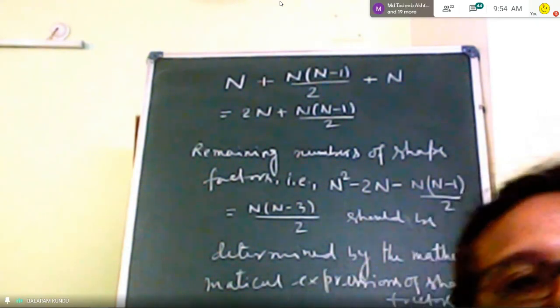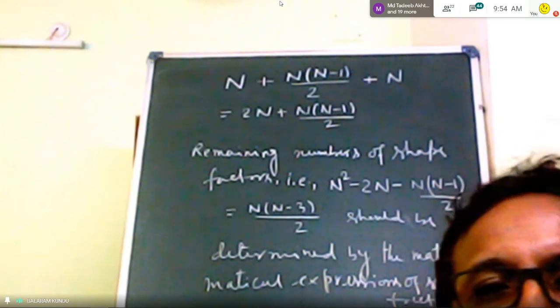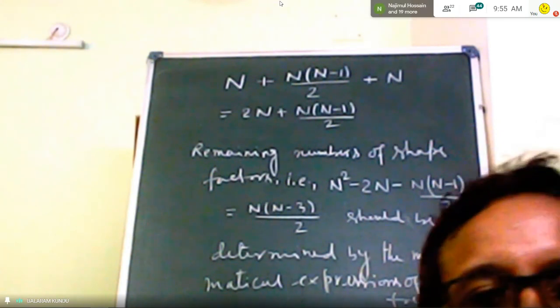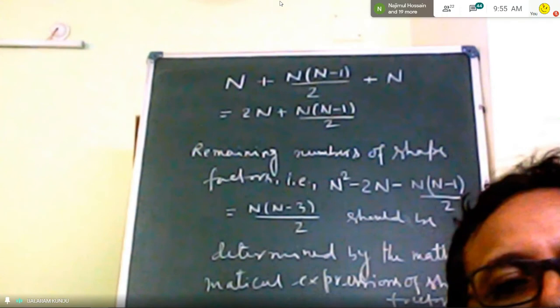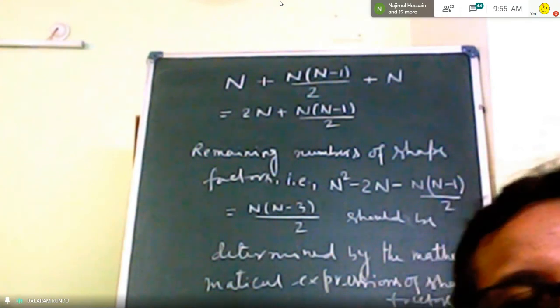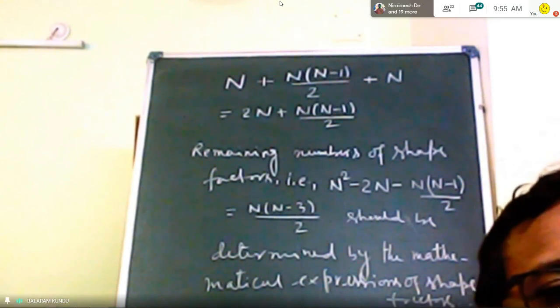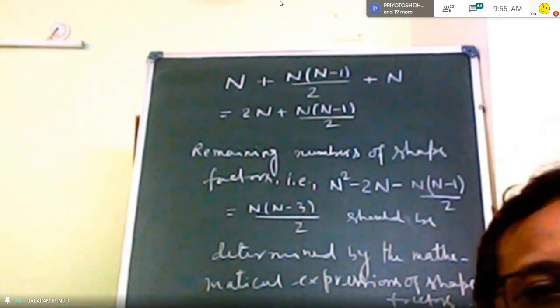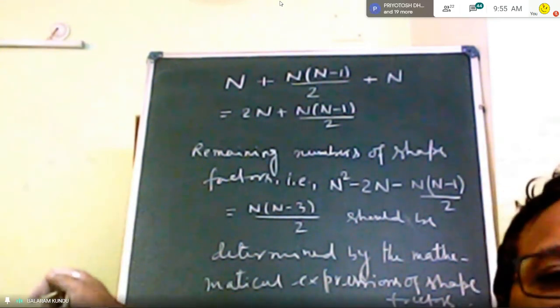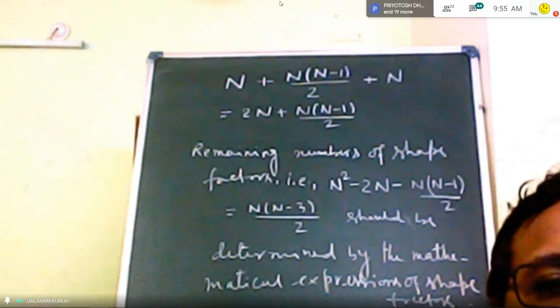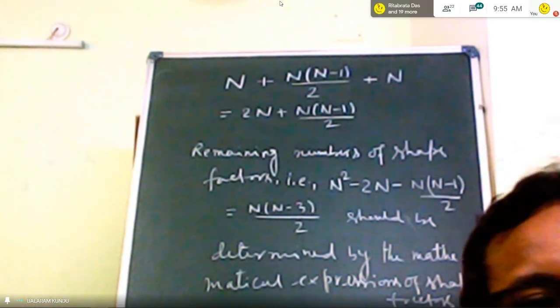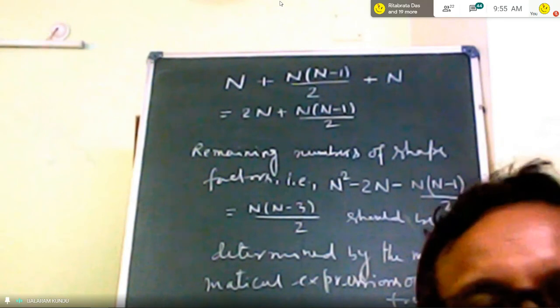That remaining number should be determined from the mathematical expression of shape factor. Mathematical expression already derived. So shape factor 1 to 2 should be equal to 1 by A1 into double integration cos theta 1 into cos theta 2 divided by pi r square into dA1 dA2. So use that mathematical expression.